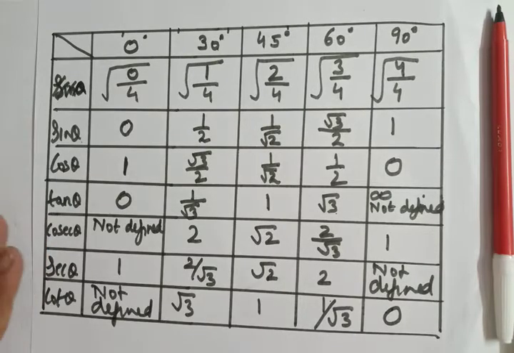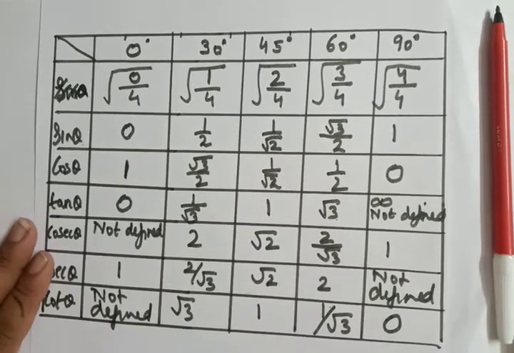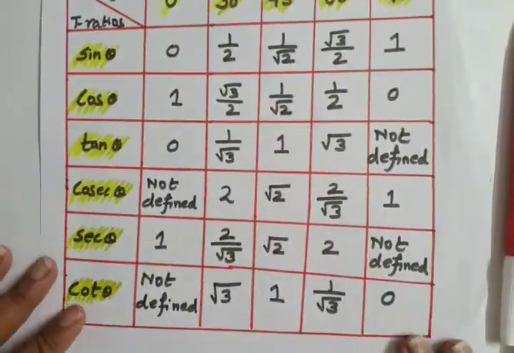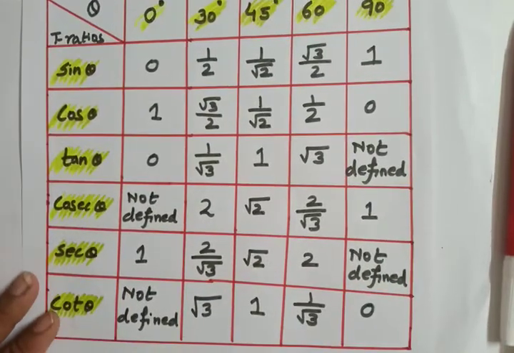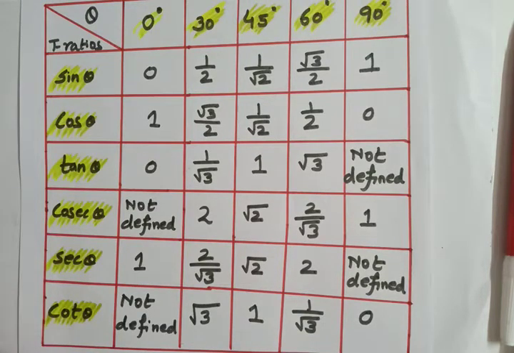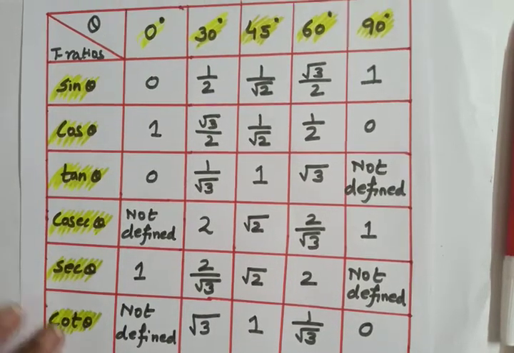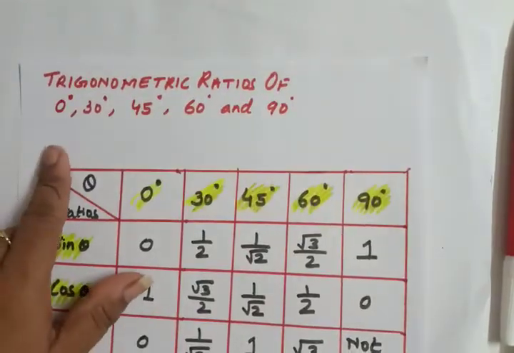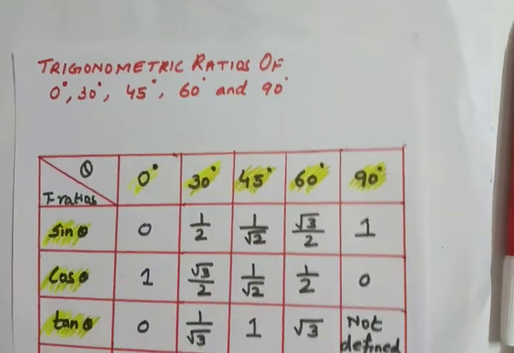Just learn this. Let me show you the table, which I made so that all the values are quite clear on the screen. This is the second important thing, after the ratios, the relationship of sine with perpendicular upon hypotenuse and base upon hypotenuse: the trigonometric ratios of angles 0 degree, 30 degree, 45 degree, 60 degree and 90 degree.